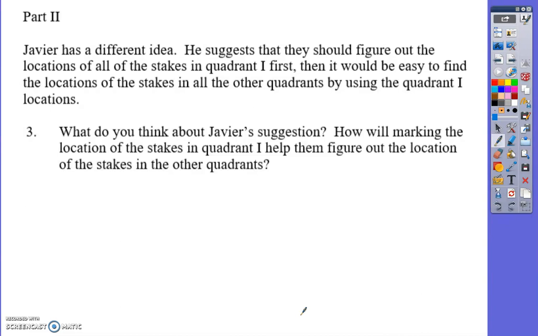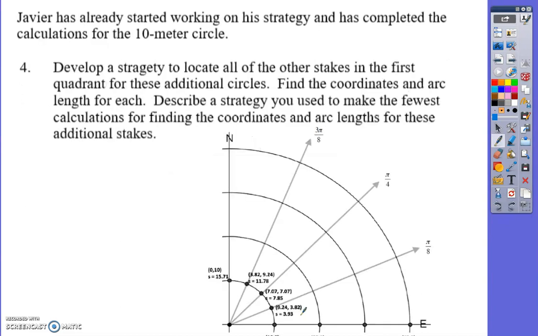So if you recall, we would be able to reflect across the y-axis to find all the points in the second quadrant, and then we could flip the second and first quadrants and reflect across the x-axis to find everybody else. And so that's not a bad idea. I like Javier's.